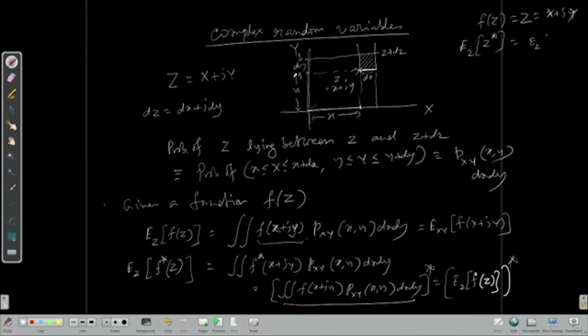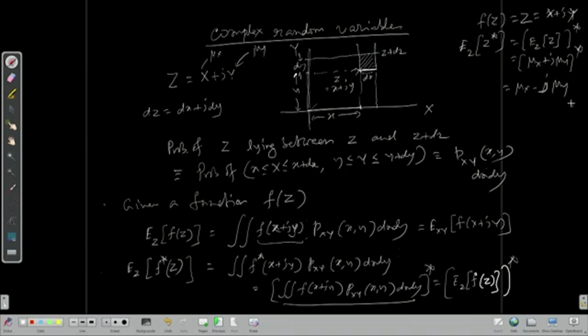First you have to take E_Z of z and then star. E_Z of z means the expected value of this plus j times the expected value of this. So that was mu x, this was mu y. So (mu x plus j mu y) star, which is the same as mu x minus j mu y. This is very important. If you have z and you are taking the expectation of z star with respect to z, it will be the original expected value and then conjugate, so mu x minus j mu y.